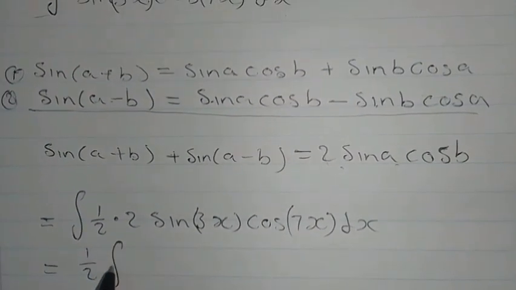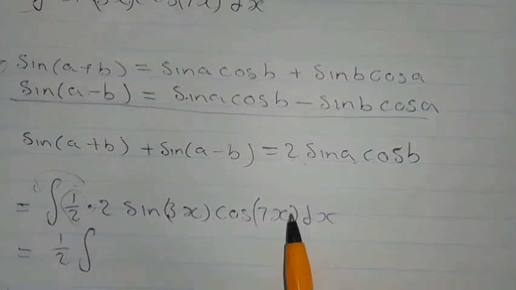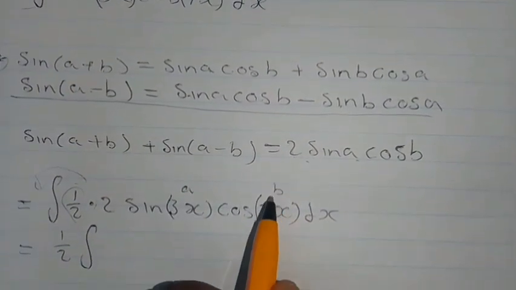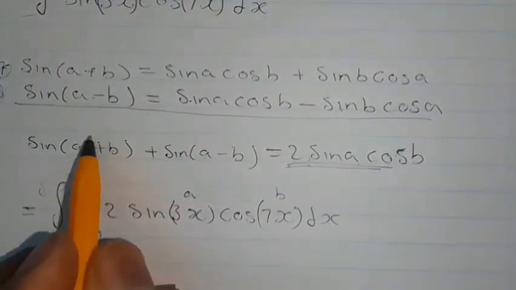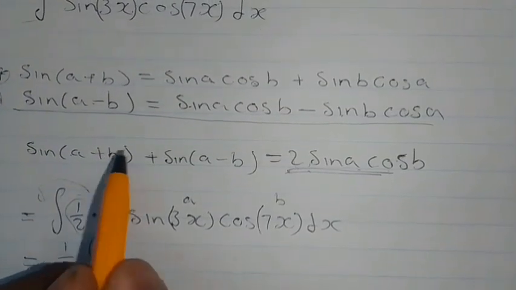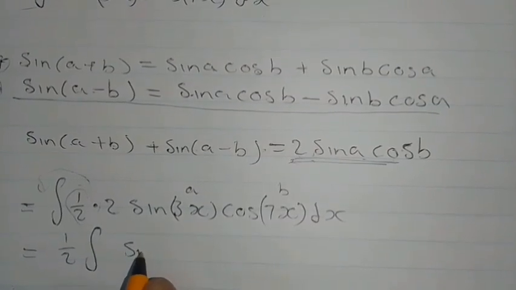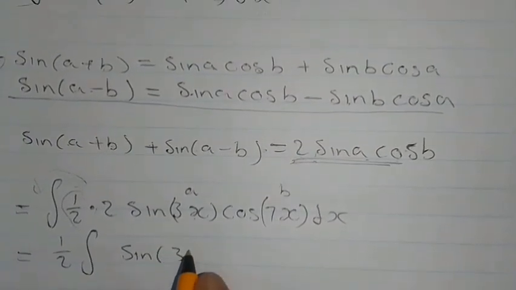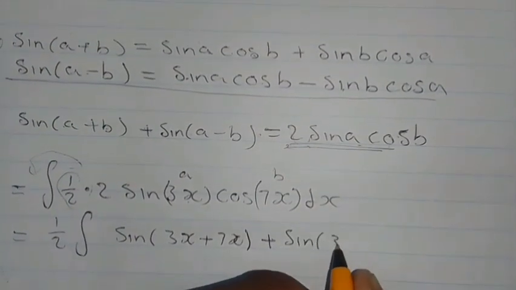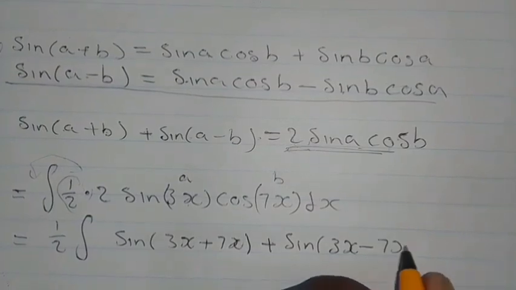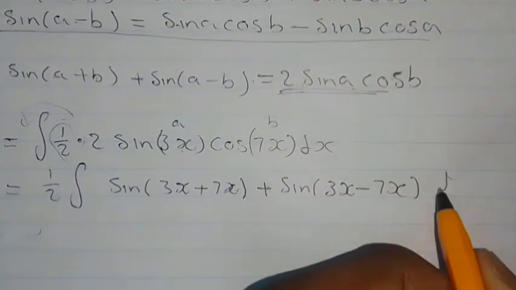Then 2 sine 3x cos 7x, you can take this one as A and this one as B. We have the formula 2 sine A cos B, which can be rewritten as sine A plus B plus sine A minus B. So this will be sine 3x plus 7x plus sine 3x minus 7x dx, using the formula we just proved.